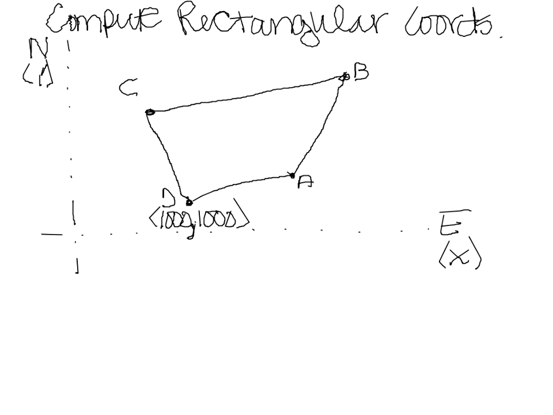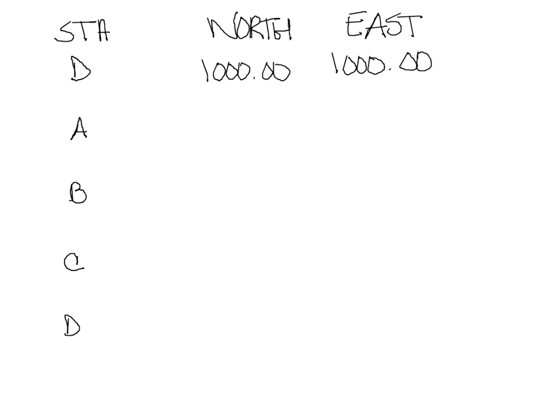Now the way we calculate coordinates, remember that we calculated all of these balanced departures and latitudes. So if we're located here and we want to go to A, how far over do we go? Well, we go over our balanced departure and we go up the balanced latitude.